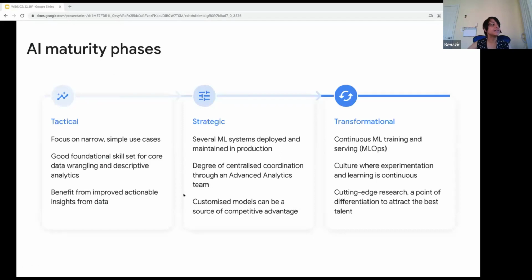So first is tactical. These are industries which weren't thinking of AI. They may or may not have been collecting data, and the data may or may not have been in a good form. So these industries have started saying, okay, I understand the value of AI. I want to adopt. How can I focus on some quick wins and get started?